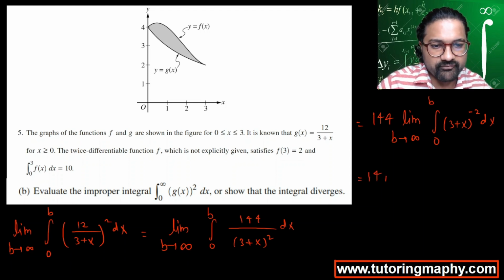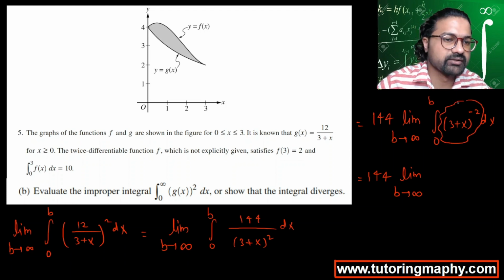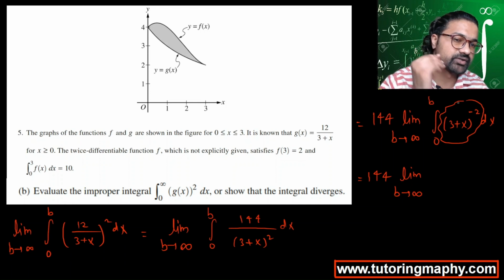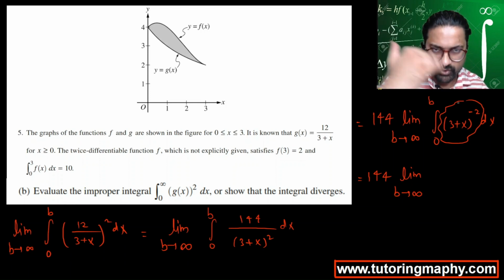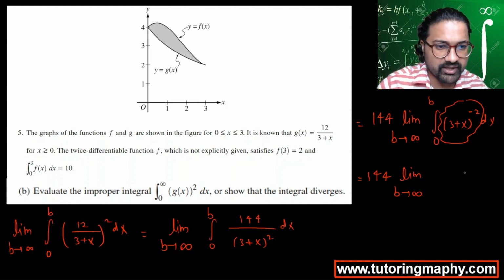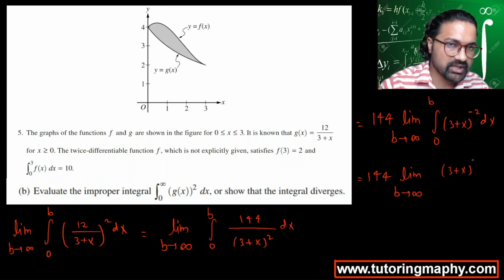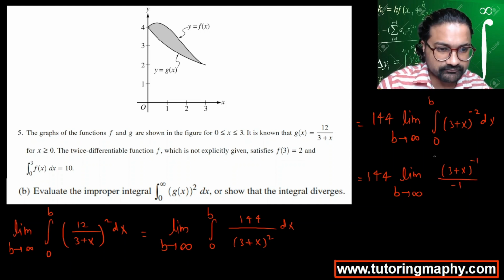And why is this helpful for us? Because now I can apply, I'm not doing anything special, I'm just rewriting everything. Over here I can now apply the power rule of integration. So we're going to add 1 to the power and divide by the new power. So that's going to look like 3 plus x raised to negative 2 plus 1, which is negative 1, over negative 1 within the limits of 0 to b.